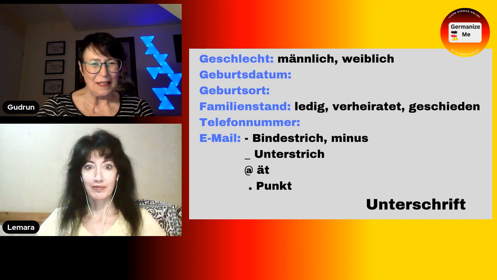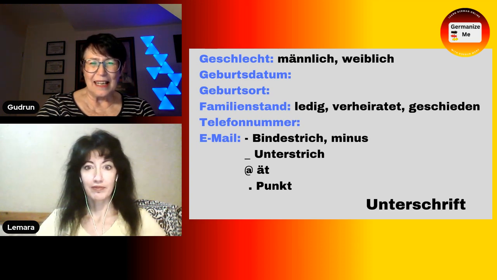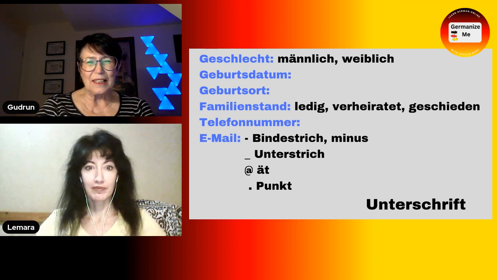And this is the main topic today, those little signs we need to read when we read an email. So we have this, let's say, hyphen in English. We have the underline, we have the at sign, and we have a period. And now you find the German words for it.